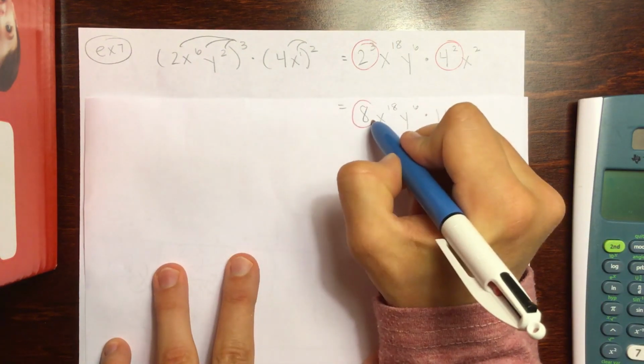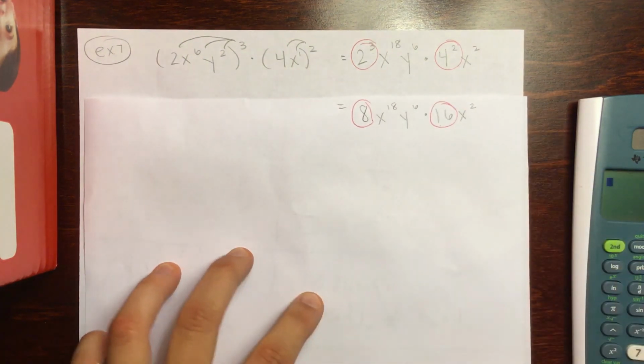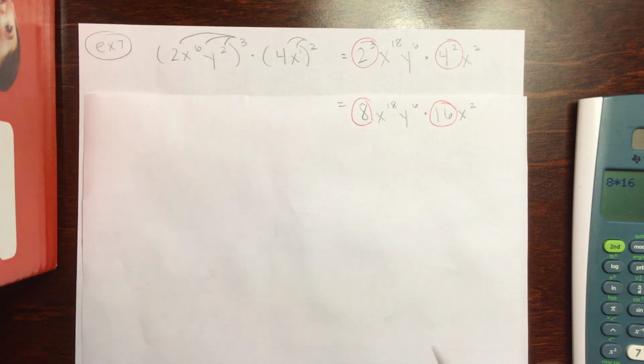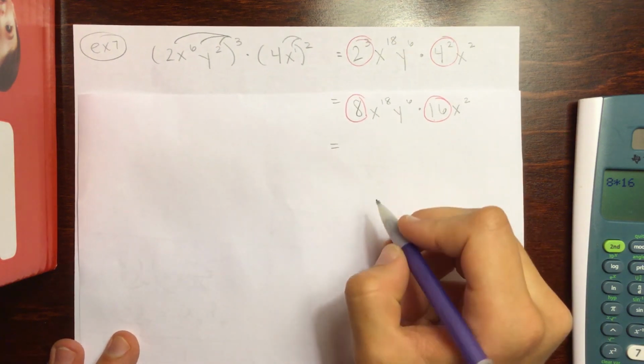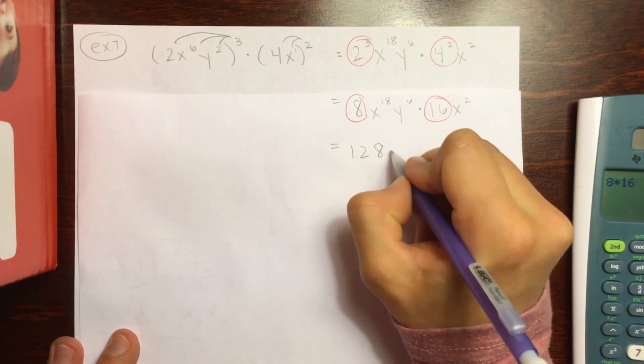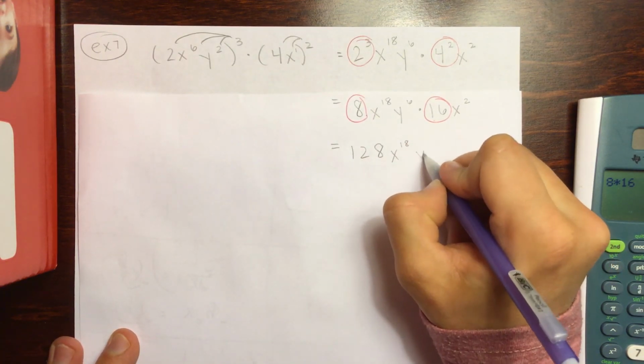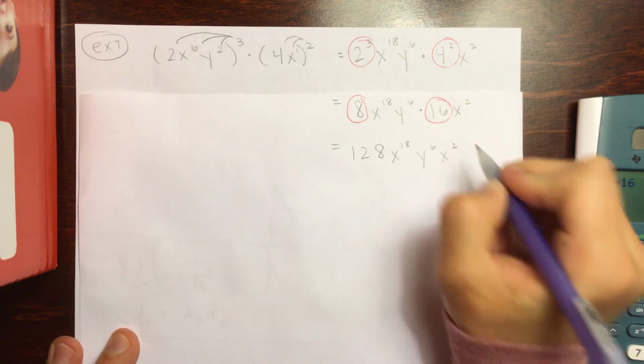I'm going to deal with the numbers first because I will get confused otherwise and try and make that 8 or 16 some kind of weird exponent. So this is 128, x to the 18, y to the 6, x squared.